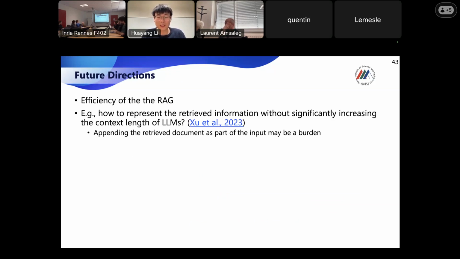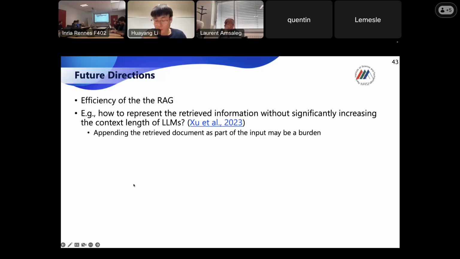As we all know, a large language model is trained on a fixed window size. So if we append lots of retrieved documents, it may hurt the efficiency of the large language model, right? So this is a very important issue when using RAG in the real scenario. And there are already some works trying to solve this one, like compressing the document using a summarization model.